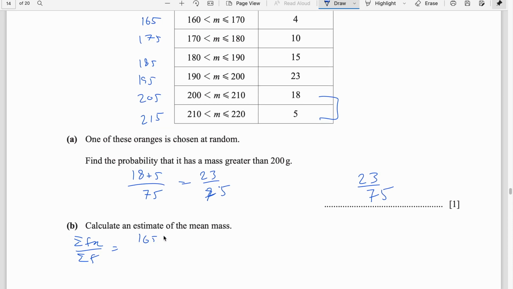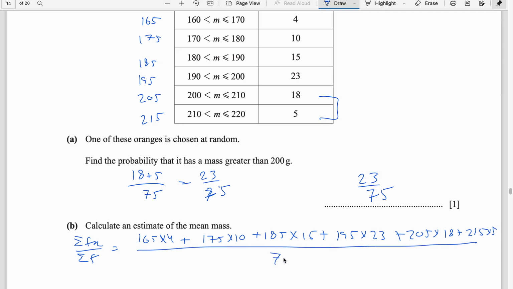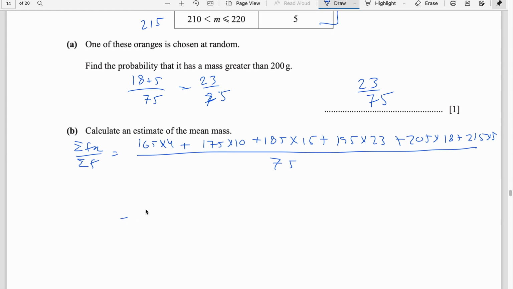So 165 into 4 plus 175 into 10 plus 185 into 15, 195 into 23, 205 into 18 plus 215 into 5, and divided by a total of 75.